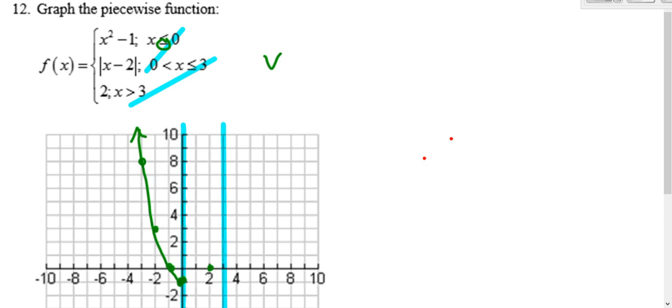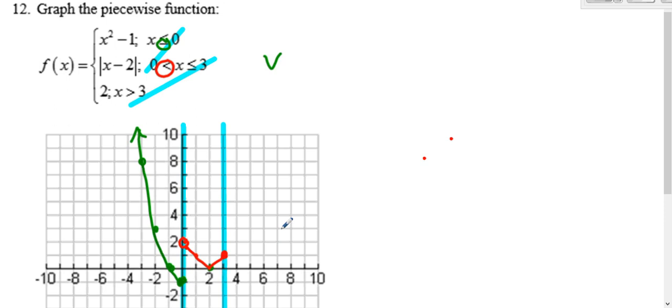As we're doing that, you got to notice that on our left boundary, it's going to be an open circle, and on the right boundary, it'll be a closed circle. Left boundary, it's an open circle at 2. But it's the v shifted to the right 2 spots.